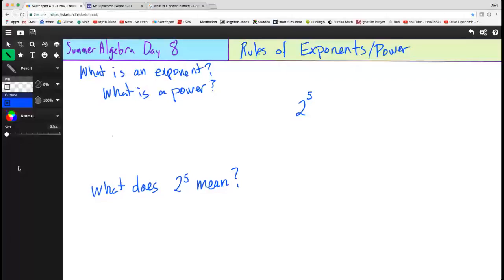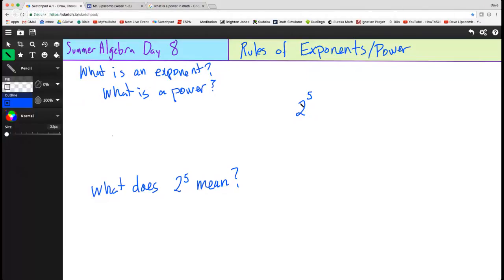All right, so what is an exponent and what is a power? These things are not exactly the same, but they're practically the same, and some people use them interchangeably. So let's first of all talk about the notation, and then we'll talk about what this notation means.